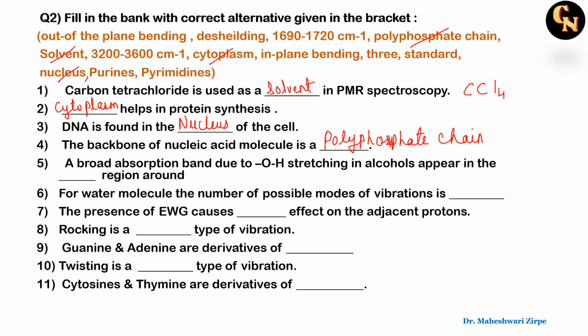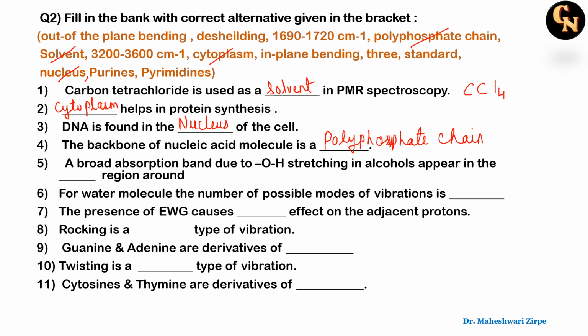Then next is a broad absorption band due to OH stretching in alcohol appears in the dash region. So students, in IR spectroscopy, you can go and watch the IR spectroscopy video on how to find out the stretchings. One more video I have prepared on IR spectroscopy, so the complete table is given in that.